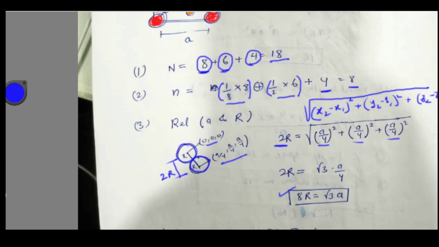If you calculate, you will get 8r equals root 3 a. You will get this relation for the diamond cubic structure.